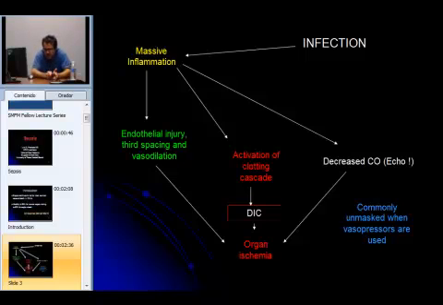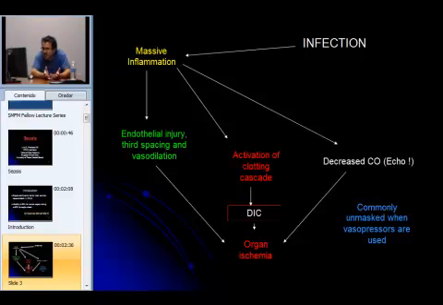Because when you get inflammation, the monocytes mainly, but also neutrophils and the endothelium, as part of their activation, are going to express tissue factor on the surface of their membranes. And when they expose tissue factor, as you recall from the little cartoon of the clotting cascade, the tissue factor will bind factor 7, and that's going to go to the common pathway, and you're going to start clotting. So whenever you have inflammation, you're going to have activation of the clotting cascade.